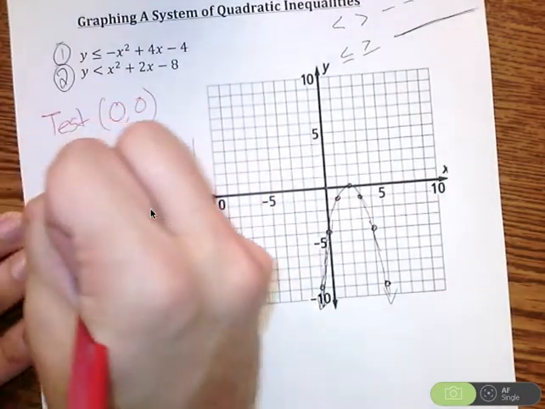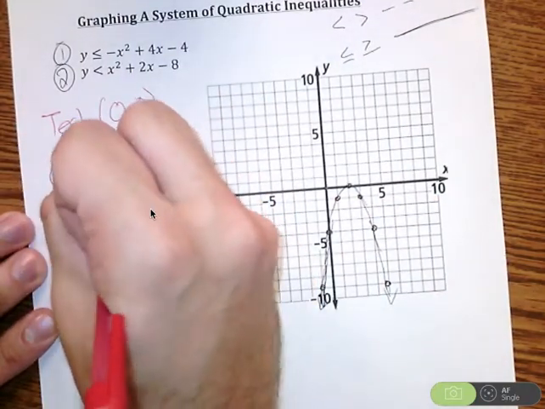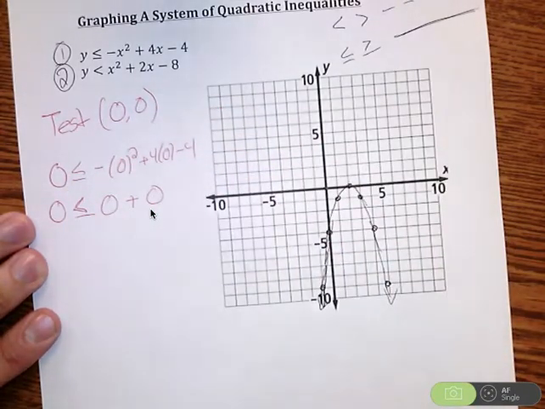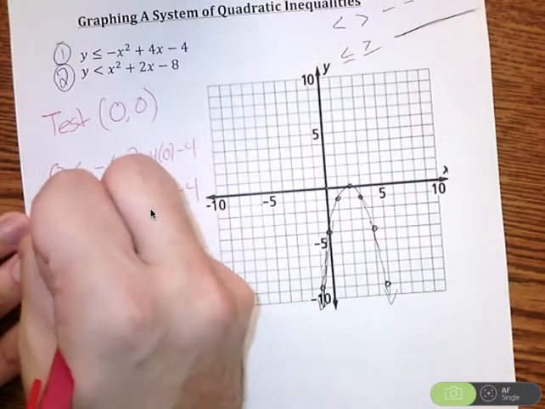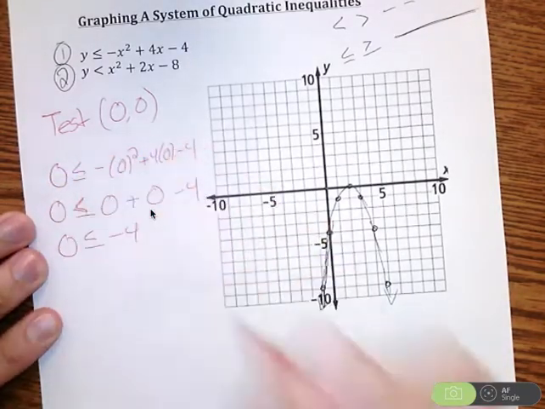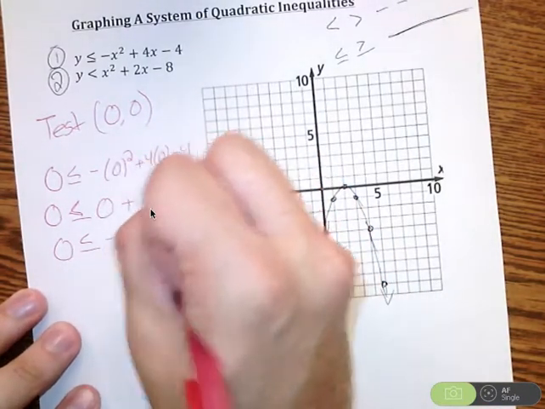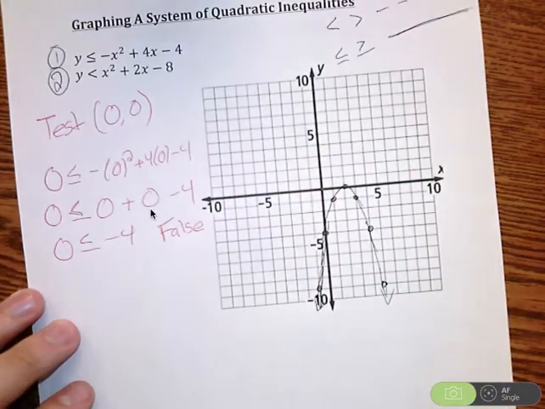So I'm going to have 0 is less than or equal to 0 plus 0 minus 4. So I'm going to end up with 0 is less than or equal to negative 4. Now that statement is false.